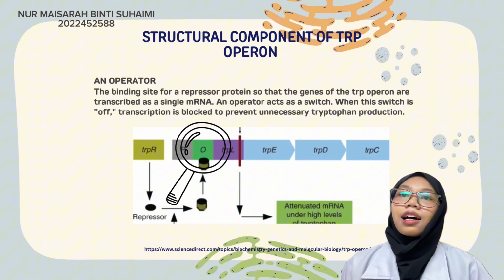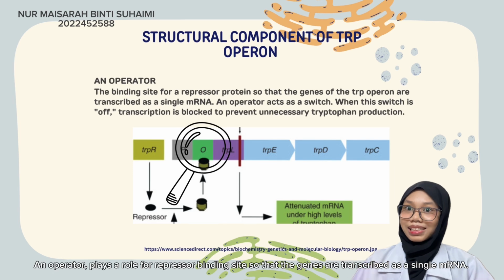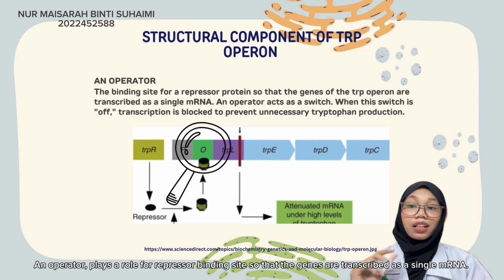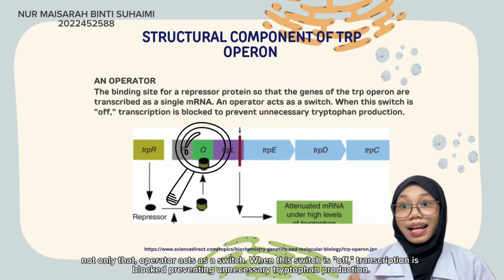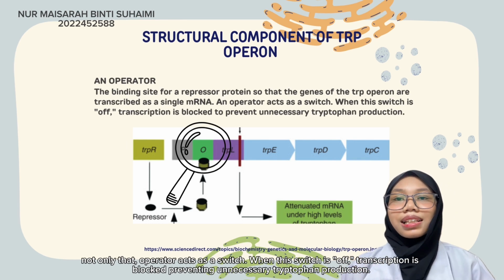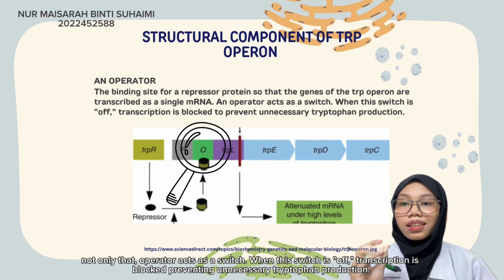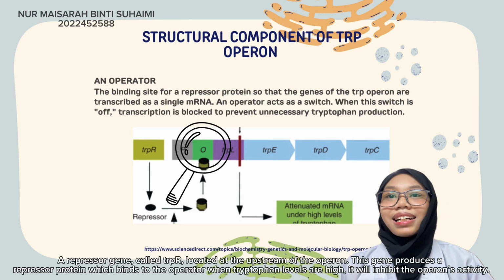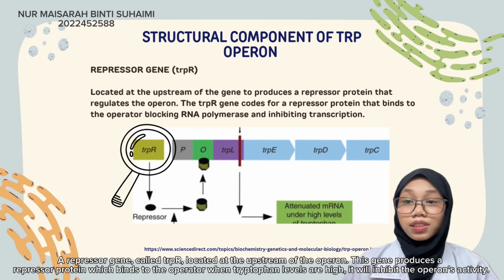Next, the operator. The operator plays a role as the repressor binding site so that the genes can be transcribed as a single mRNA. It can act as a switch. When this switch is off, transcription is blocked, and that prevents unnecessary tryptophan production. Finally, a repressor gene called TRPR, which is located upstream of the operon.